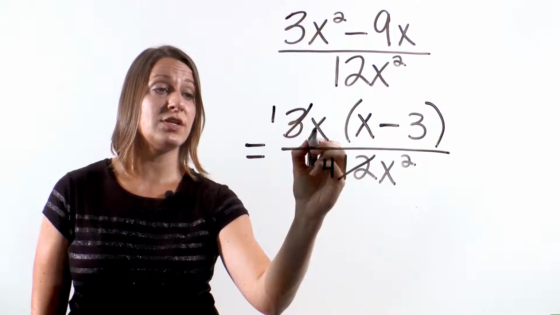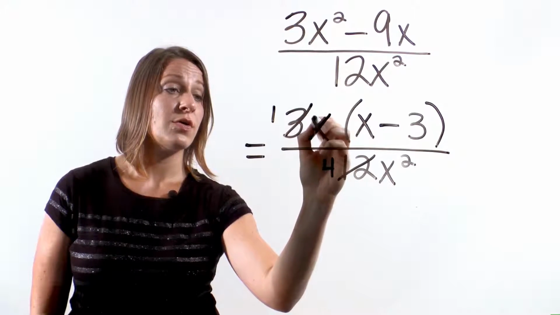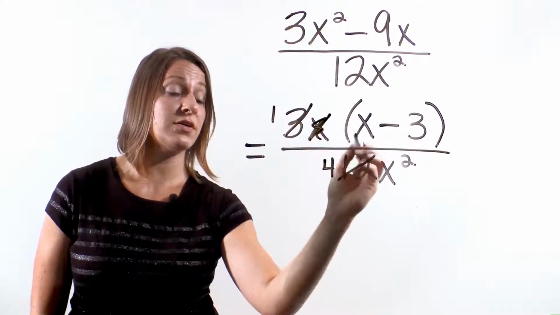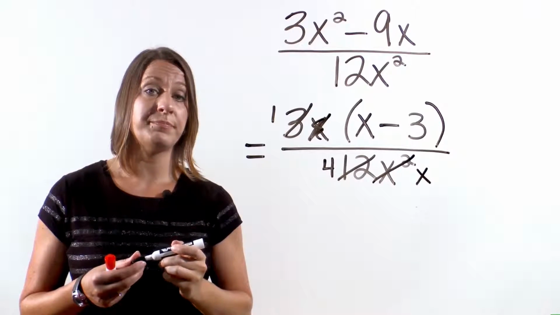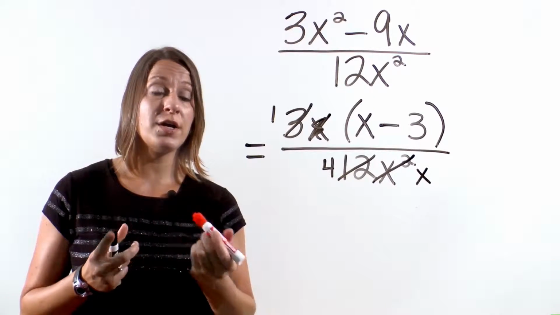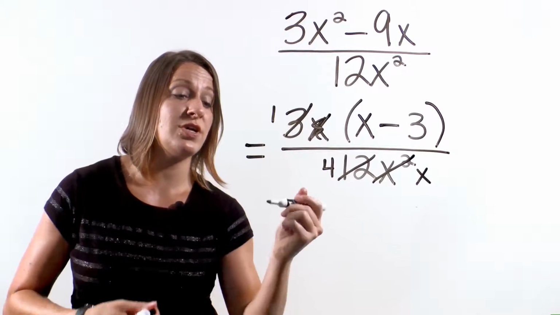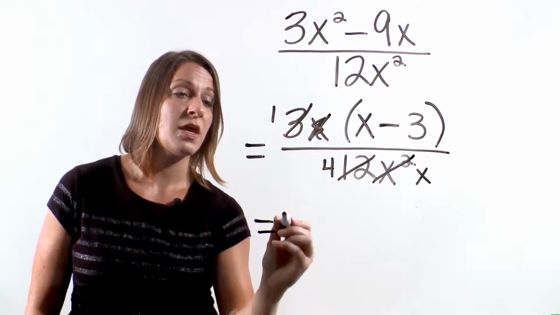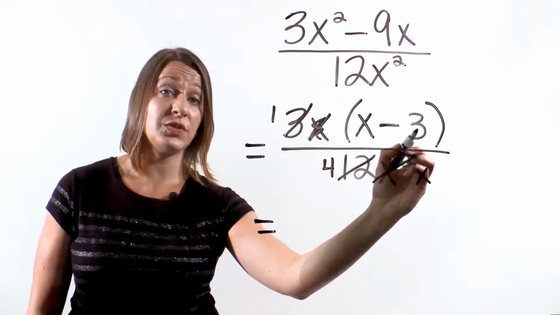Next, if we cancel out the x and the x squared, we're left with nothing here, and we're left with 1x on the bottom. The hardest part about simplifying these is just making sure you're clear with what numbers you have left over. On top we have a 1 and we have x minus 3.